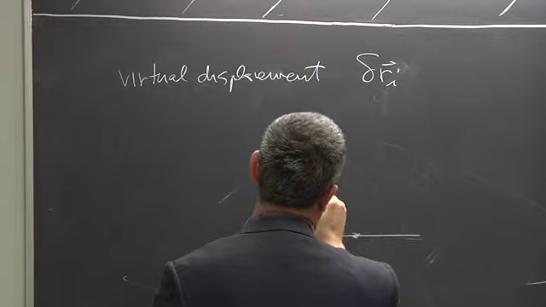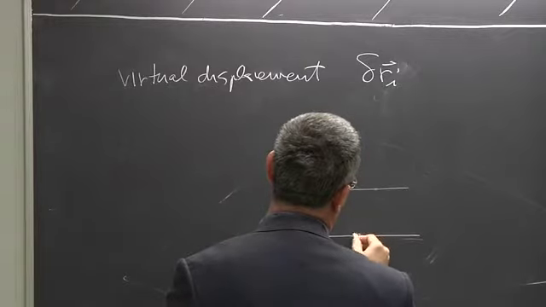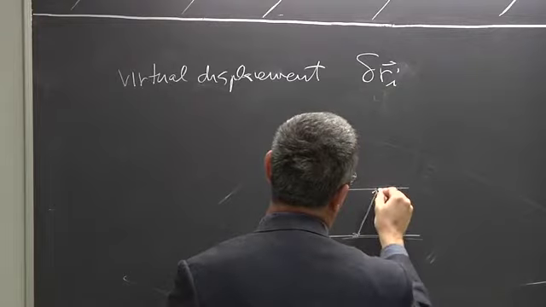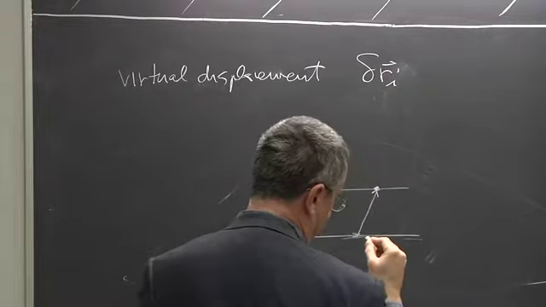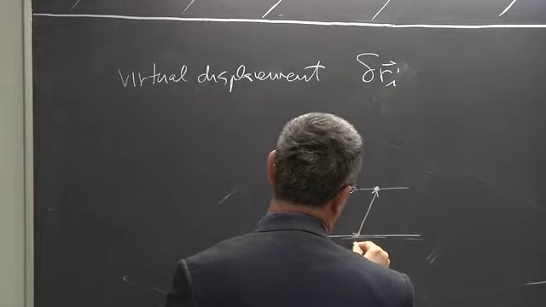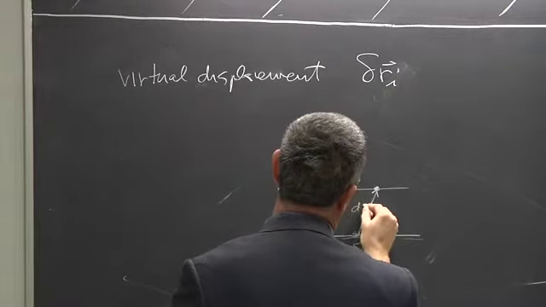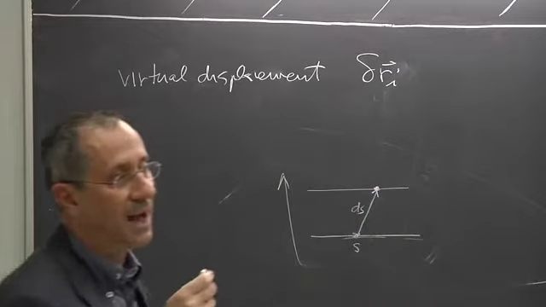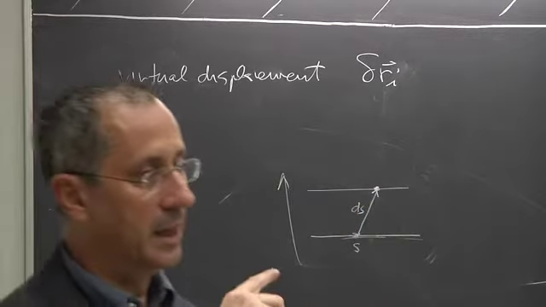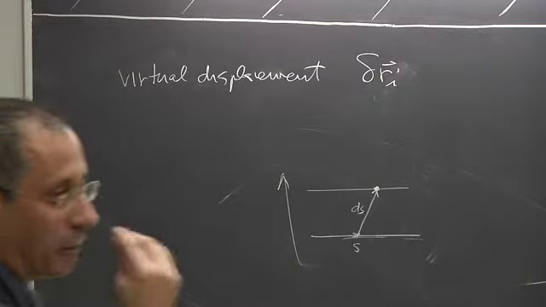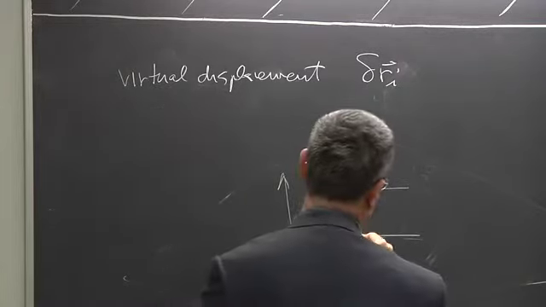This moves up, so in general it will end up here, okay? If I indicate this as S, just one coordinate, this is delta S, with the Latin d, the real displacement of that particle.